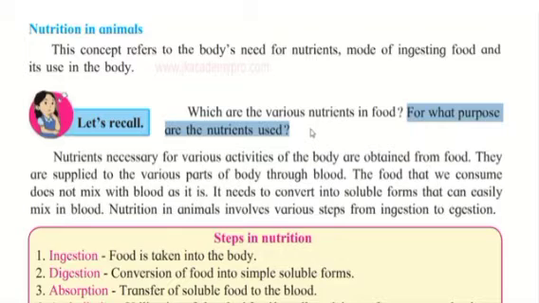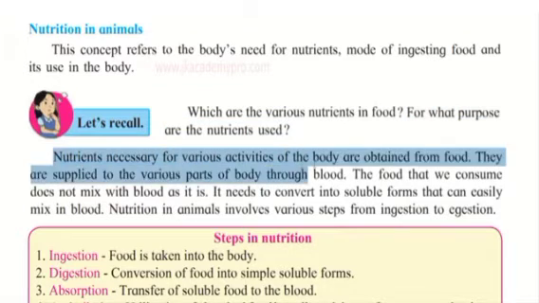The need for nutrition is, one, to supply energy required for doing work. Second is growth and development of the body. Third is to replace the damaged cells and to repair tissues. And the fourth is to fight diseases. So these are the various purposes why we require nutrients in our body. Now, nutrients necessary for various activities of the body are obtained from food.